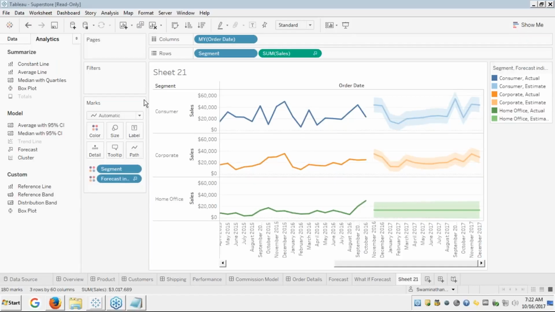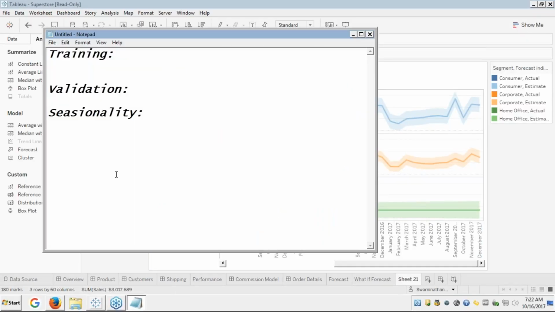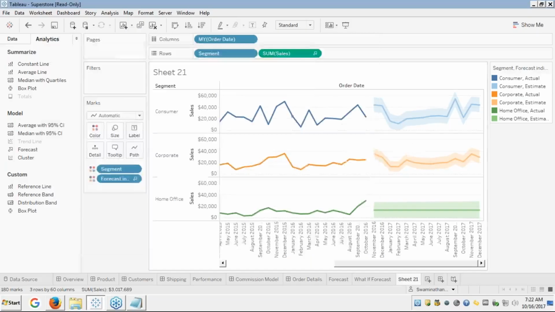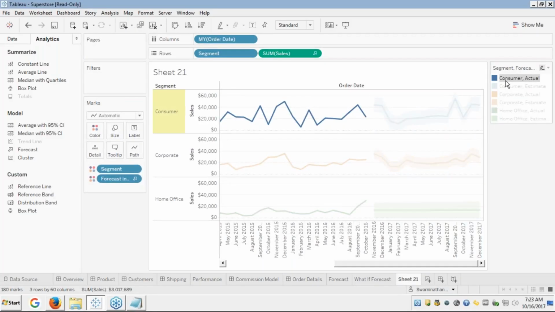Okay, so the break in the line, Balaji, what I told you is, sometime before we discussed the training data and the validation data. For example, out of these 100 records we have, 70 would be considered training data and the remaining 30 validation data. Here, this is my actual data.